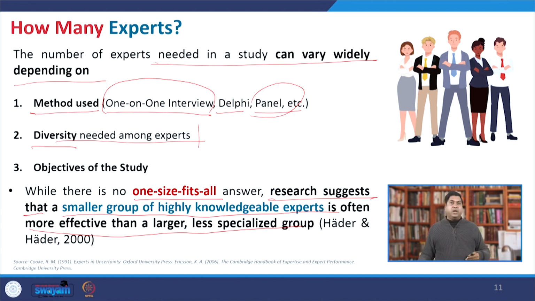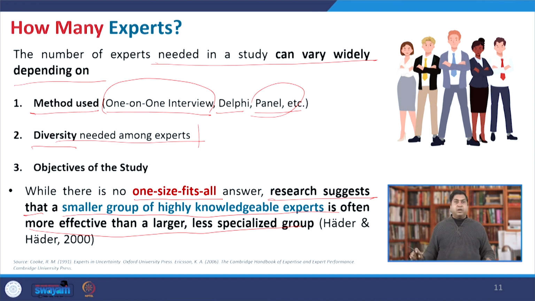I believe that if you have a very specialized expert group, because we recognize them based on their publications and their experience, even if it is 5 or 6 experts, but they are highly knowledgeable, we get a certain sort of homogeneity in their perception of the topic they know very well.